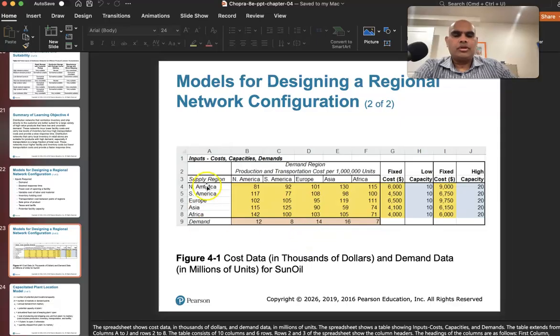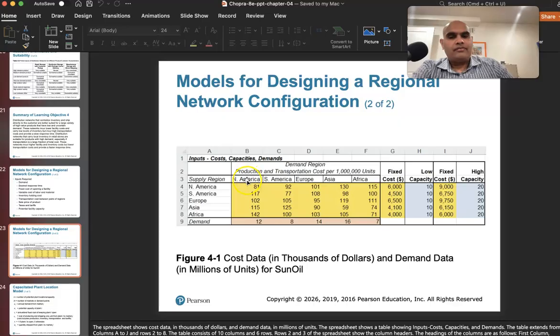Here is an example of a company that has markets in all continents and is trying to figure out where to locate its manufacturing facilities. They're making some sort of widgets, and these manufacturing facilities can be located in any of these 5 regions: North America, South America, Europe, Asia, or Africa.